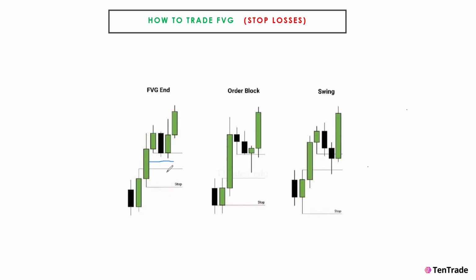Now, if you're looking for an even safer place to put your stop loss, you can put it at the order block, which is the last bearish candle before the impulsive move. You put it just at this order block. But honestly speaking, the safest place to put your stop loss is at the swing point, which is this last one.